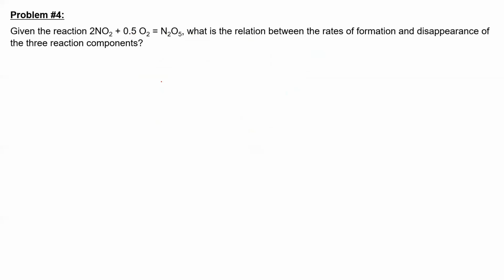Okay, so let's recall from your slides, it's slide number 18. If you have a reaction of A plus B going to R plus S, the relationship between them is minus RA over a is equal to minus RB over b is equal to RR over r is equal to RS over s.